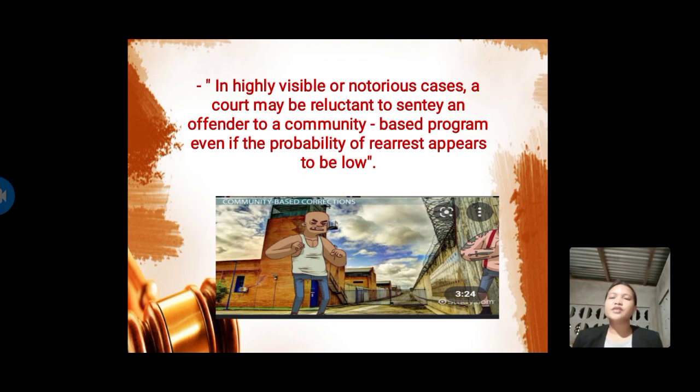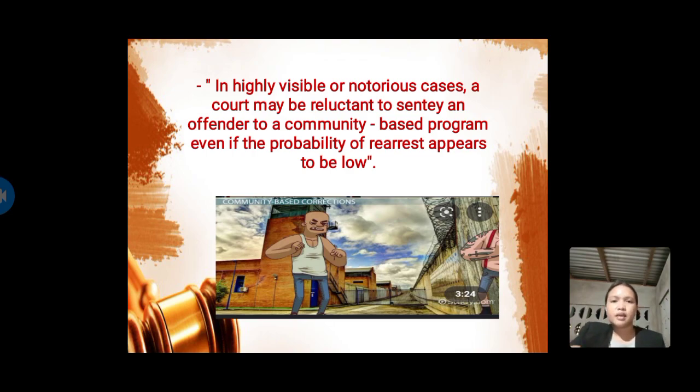In highly visible or notorious cases, a court may be reluctant to sentence an offender to a community-based program, even if the probability of rearrest appears to be low. So, that's what I had said earlier.